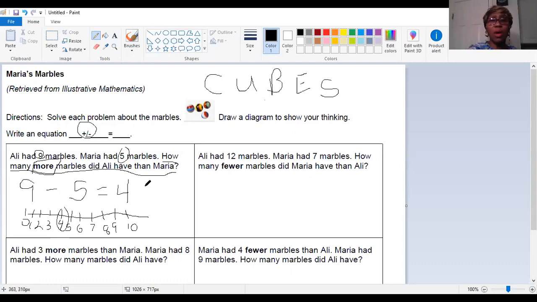You know, we could have also added. So let's see if we can add. I'm going to get my eraser up here and erase this problem.